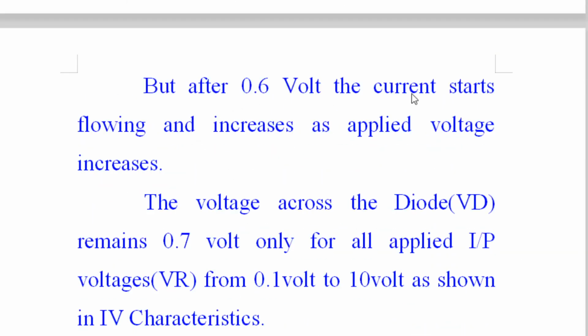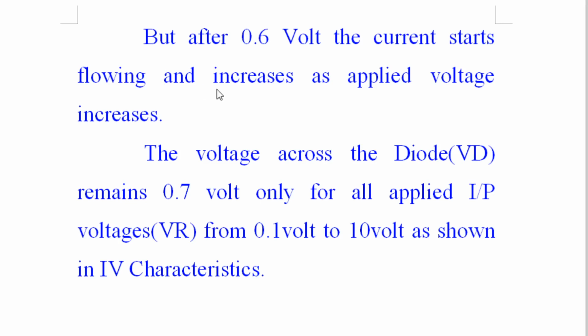After 0.6 volt, the current starts flowing, and it increases as the applied voltage increases. The voltage across the diode, that is VD, remains 0.7 volt only for all applied input voltages from 1 volt to 10 volt, as shown in the IV characteristics.